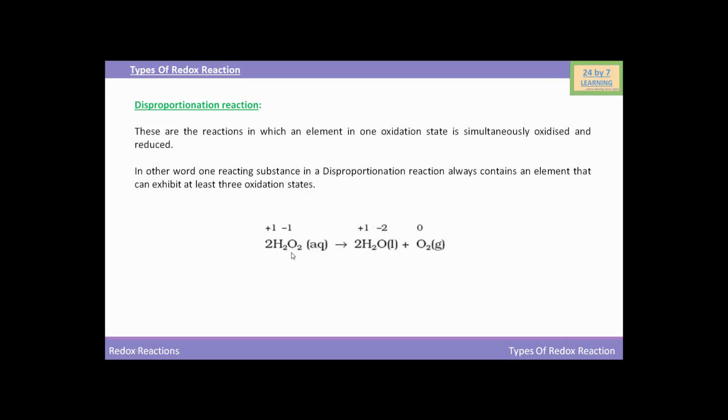In H2O2 the oxidation state of oxygen is -1, in H2O it is -2, while in the oxygen molecule, O2 gas, it is 0. So the 3 oxidation states of oxygen are -1, -2 and 0. This is the example of a disproportionation reaction.